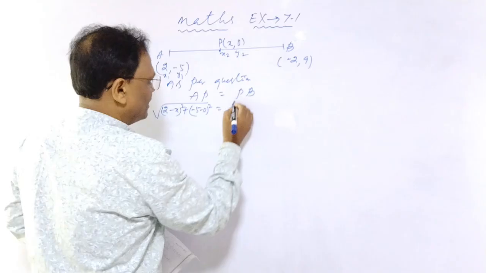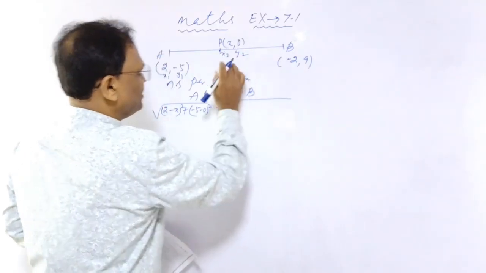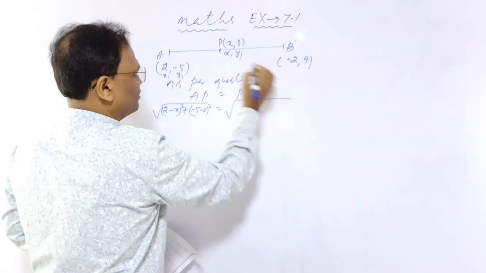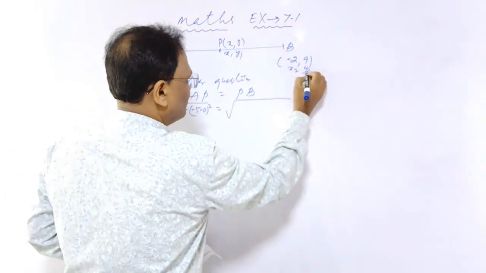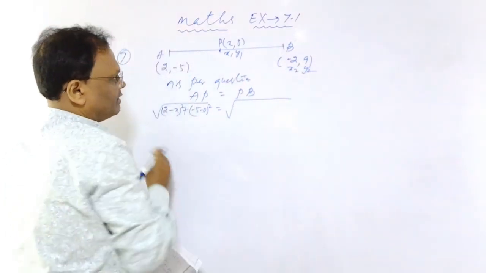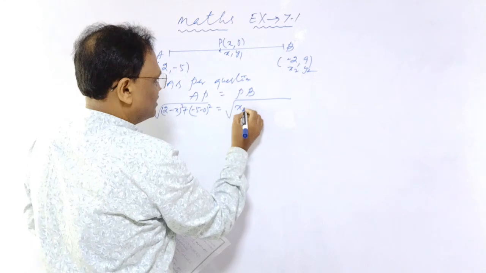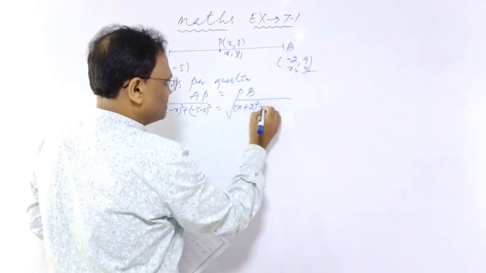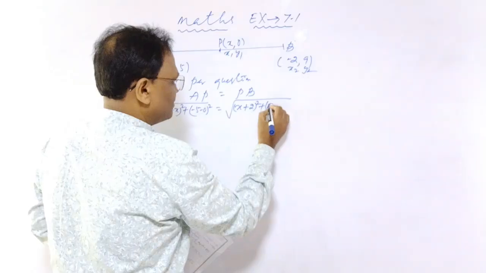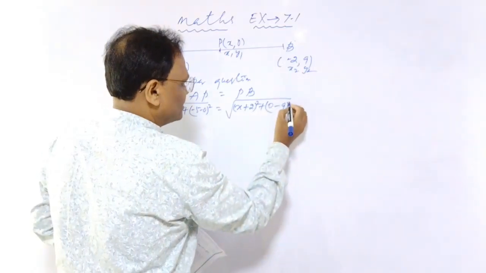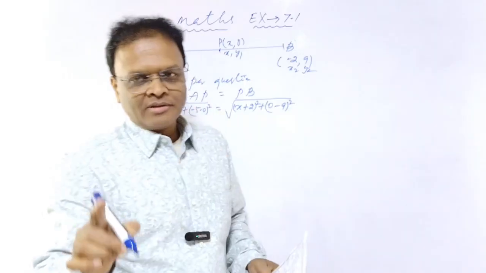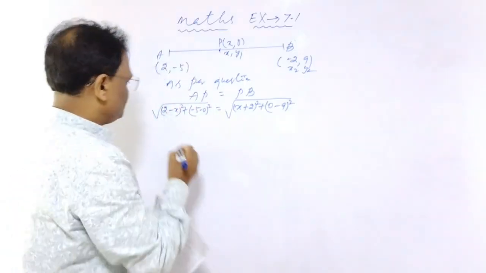Again PB, the distance between P and B. In this case also x1, y1, x2, y2. x1 minus x2, minus means plus, whole square, plus (y1 minus y2) whole square. So this is the formula applied.